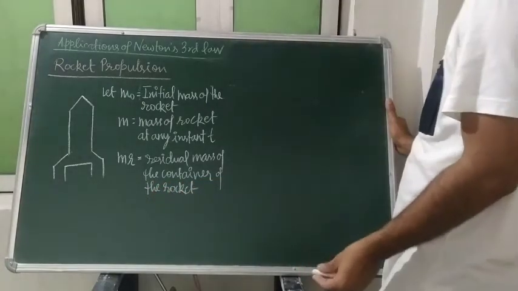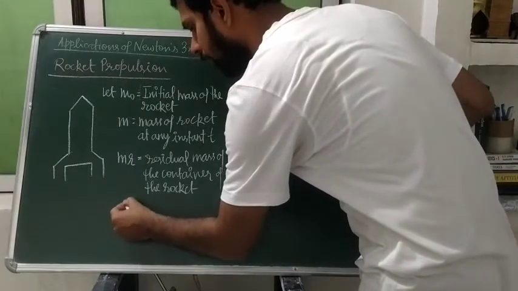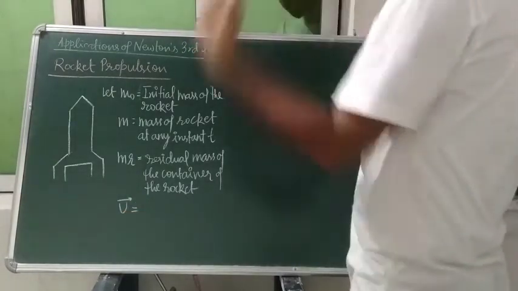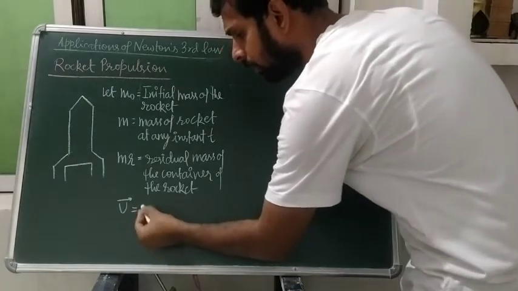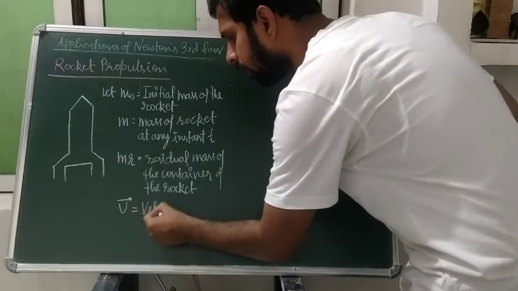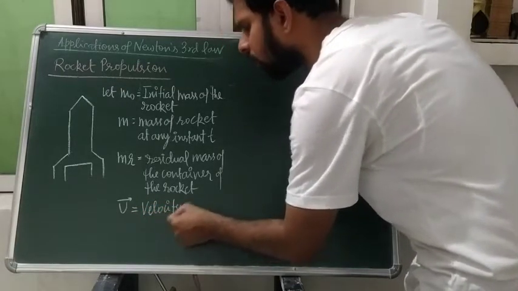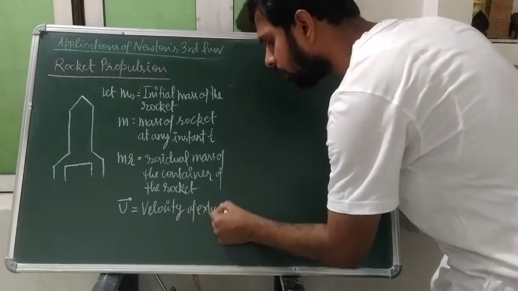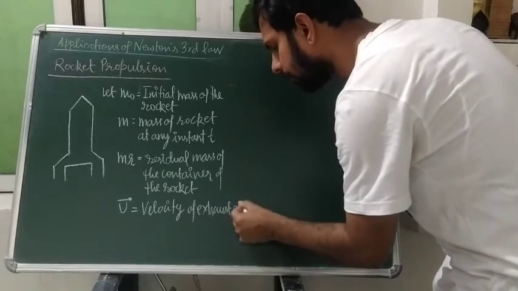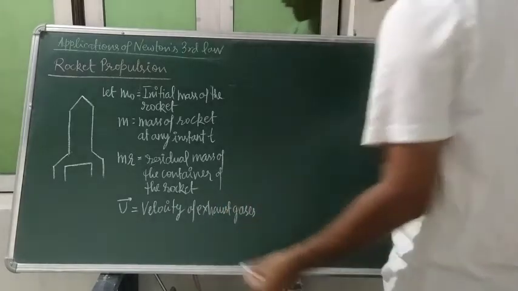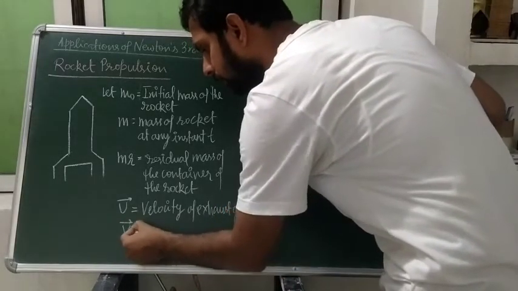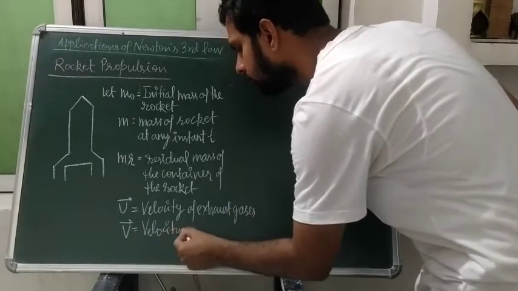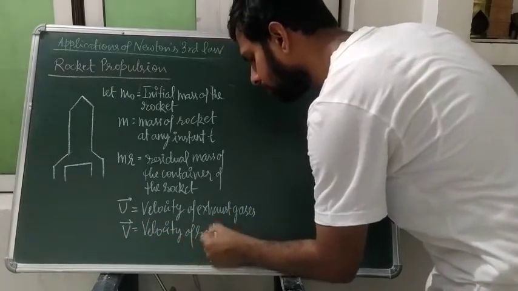Okay, and small u vector is representing the velocity, not of the rocket, but the velocity of the exhaust gases, and capital V vector is representing the velocity of the rocket, students.